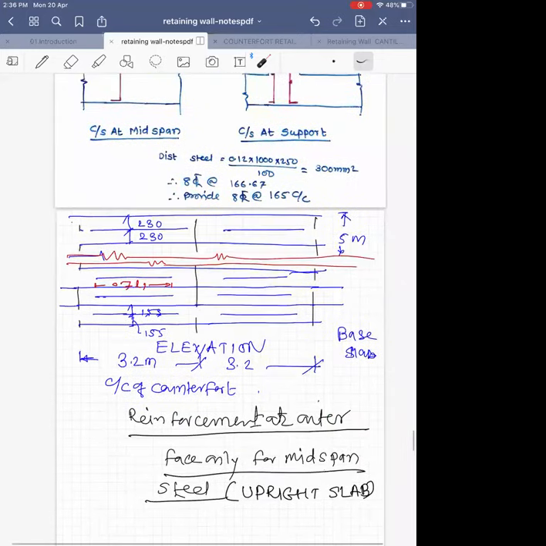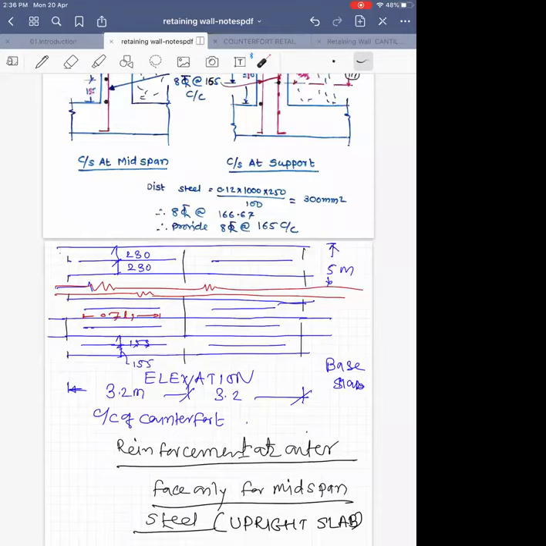Now we know that reinforcement for bottom portion spacing is 10 mm diameter at 155 millimeter center to center. So we can have 10 mm diameter bar at 155 millimeter center to center.